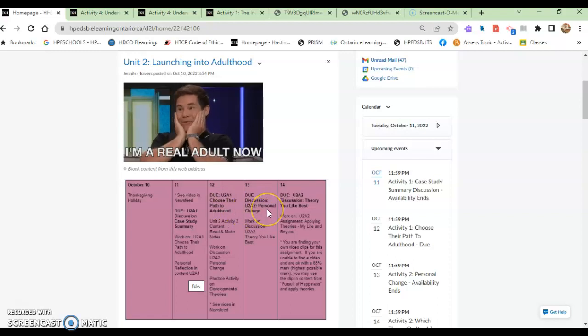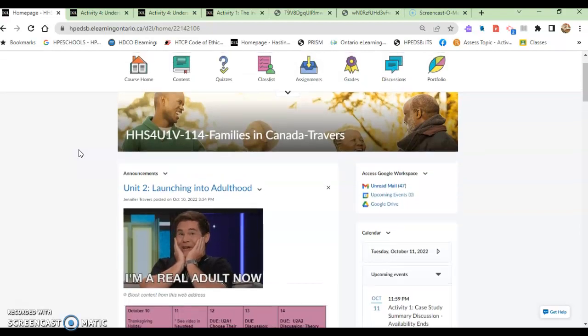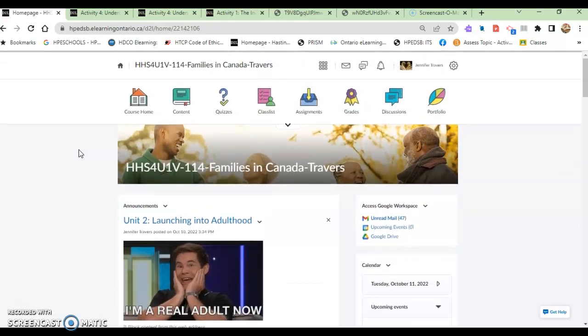Then we're moving into unit 2, activity 2, and discussions about change in the individual and even as they launch into adulthood. On Friday, you'll be looking at theories and working on applying those theories in everyday context, especially in the media and in finding video clips.